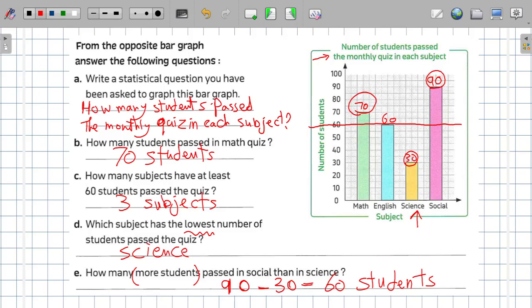After that, we talked about the characteristics of the dot plot and the bar graph and how to answer questions through the graphs. I hope you enjoy this video a lot because it's very important in our curriculum, and I think it will be repeated with us again in the coming stages, but in a more advanced way.